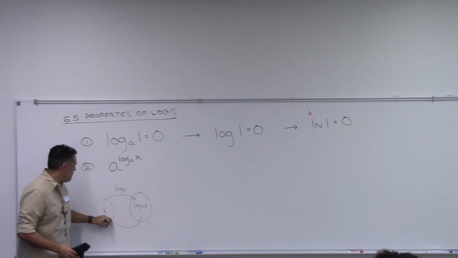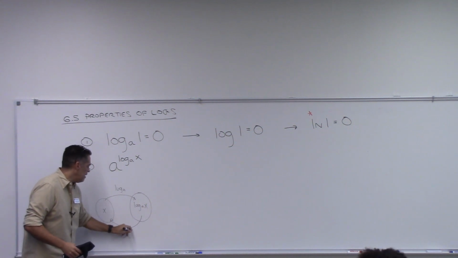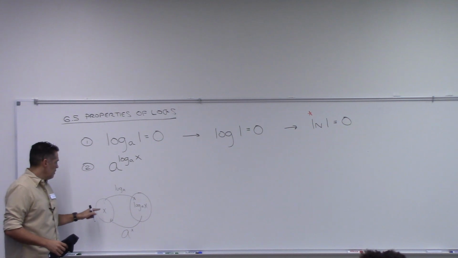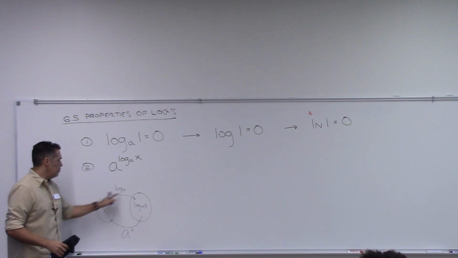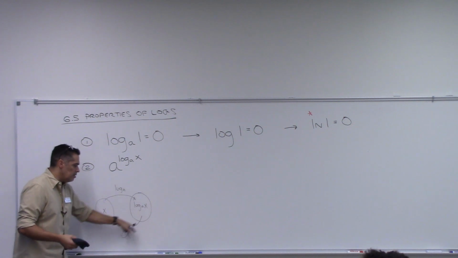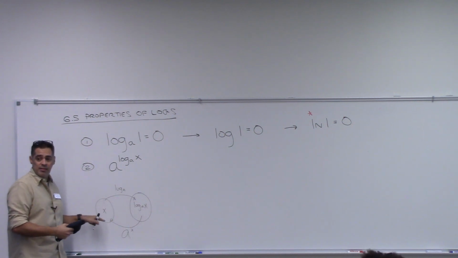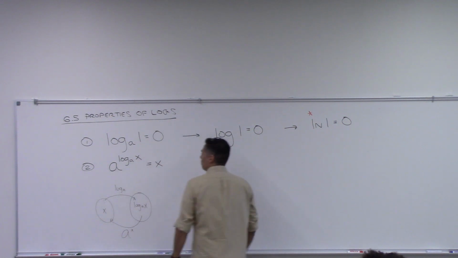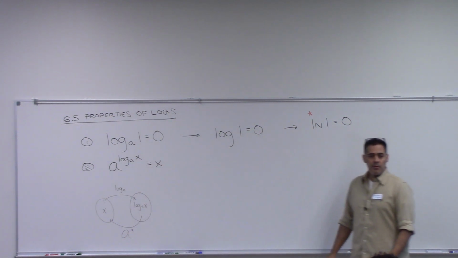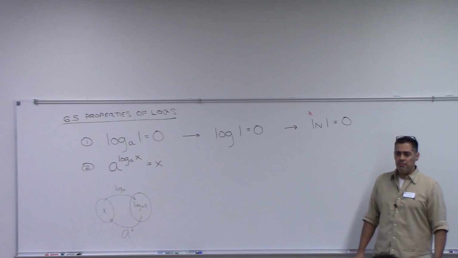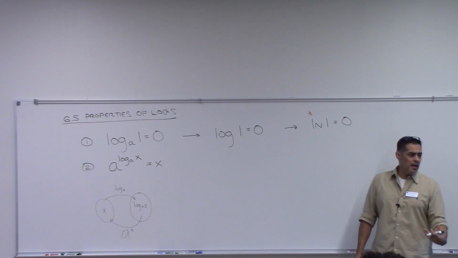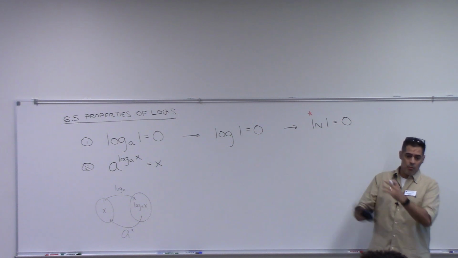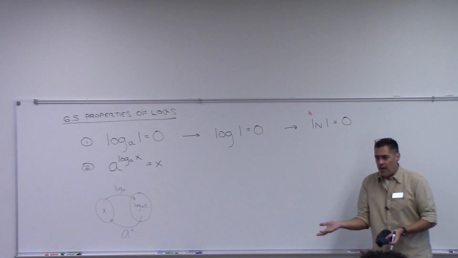Then I'm sending that back through the A to the x function. So where should it go back to? Where did it start? X went through here, came out to be something, and then it goes back through and comes back to x, right? So the answer to this should be x. That makes sense to you? If you put an exponential function together with its inverse log, then they're going to wipe each other out, and the x just falls out.